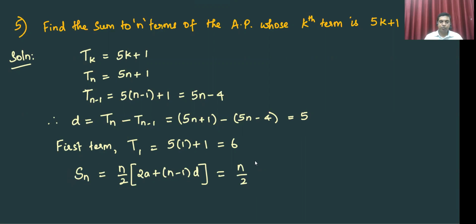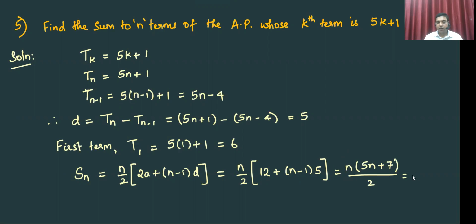So n upon 2 into 2 into 6 is 12, first term, plus n minus 1 times 5. So I'll simplify this. It is n times 5n plus 7. 12 minus 5 is 7. So 5n square plus 7n upon 2. All right, this is the first method.